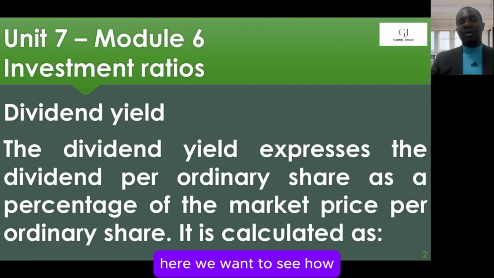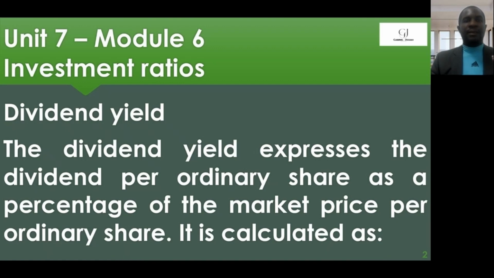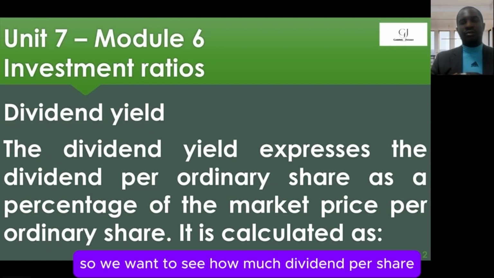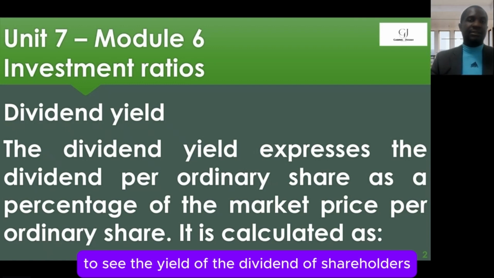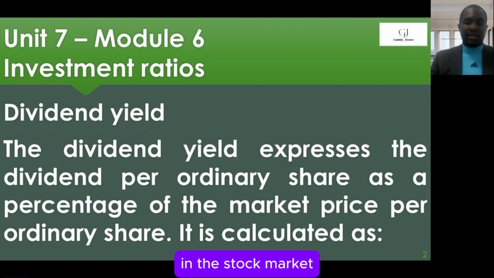We want to see how the dividend declared and calculated compares to the market price per share, to see the yield of the dividend to shareholders compared to the market value of the shares in the stock market.